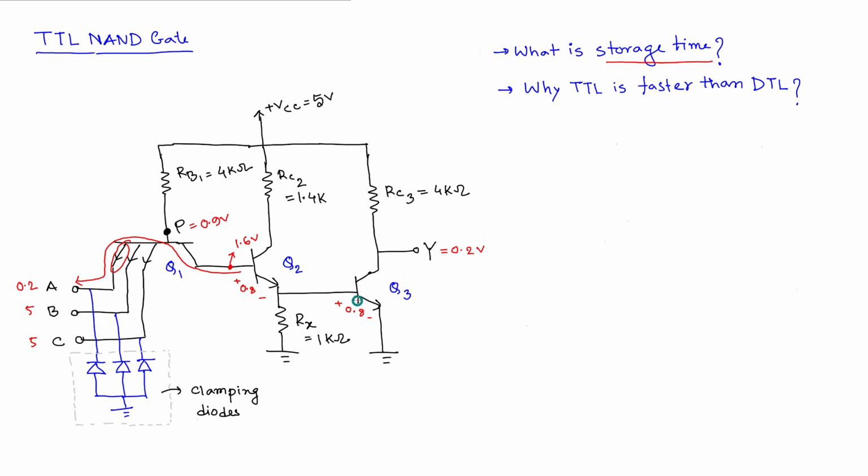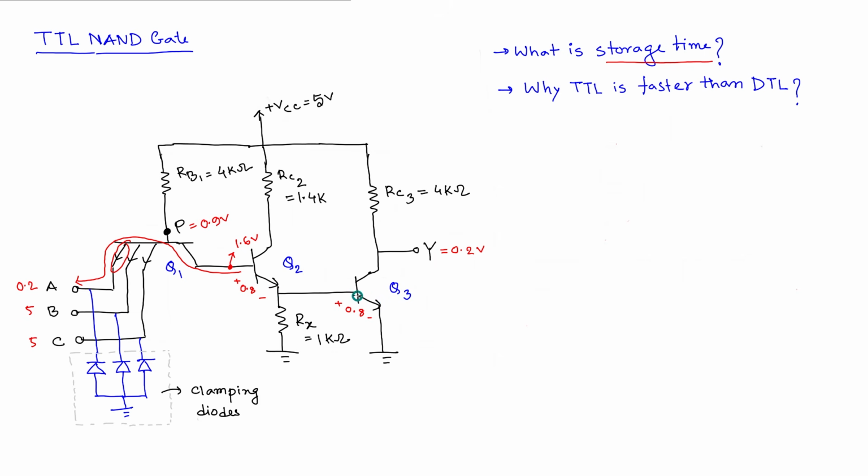Here, one thing I should mention: even though we say that this current is pulling all the charges from Q2 and Q3, that is true for Q2, but Q3 is not directly tied to Q1. What happens is, because of this large collector current going through Q1, Q2 is getting turned off very quickly, so it is not providing any current through Q3 at all.